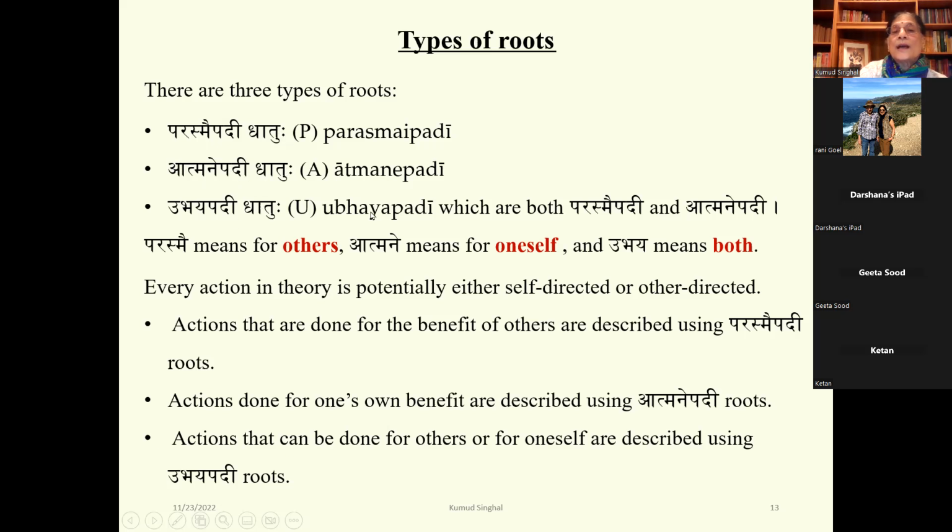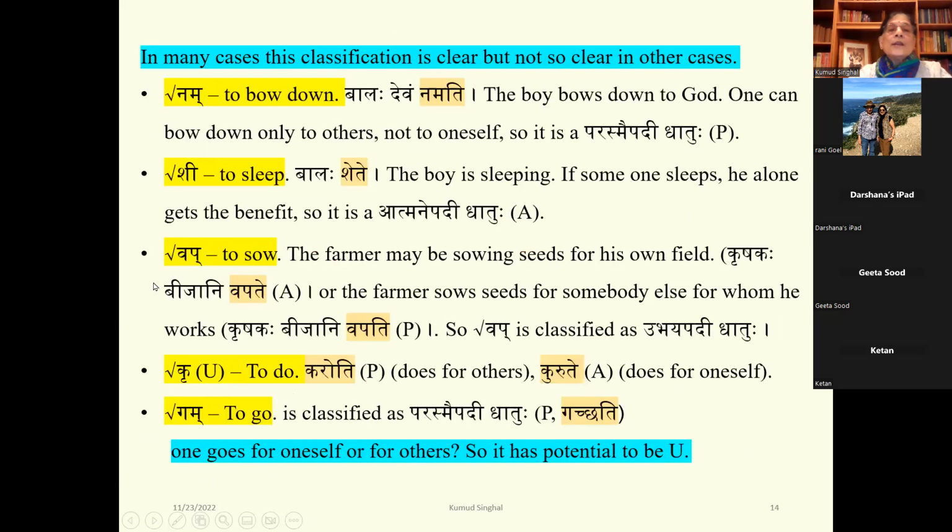And ubhayapadi dhatus, which are both parasmaipadi and atmanepadi, are used for actions that can be done for others or for oneself. In many cases, this classification is clear, but not so clear in other cases.